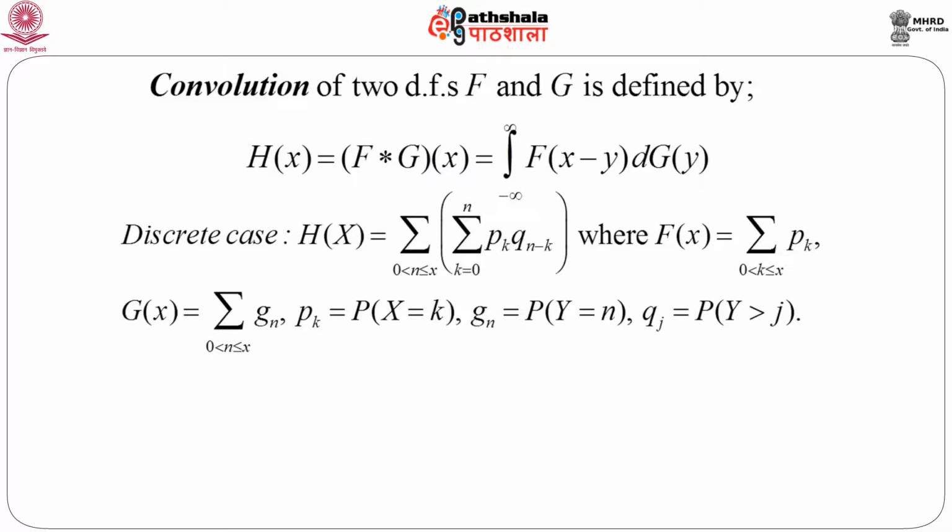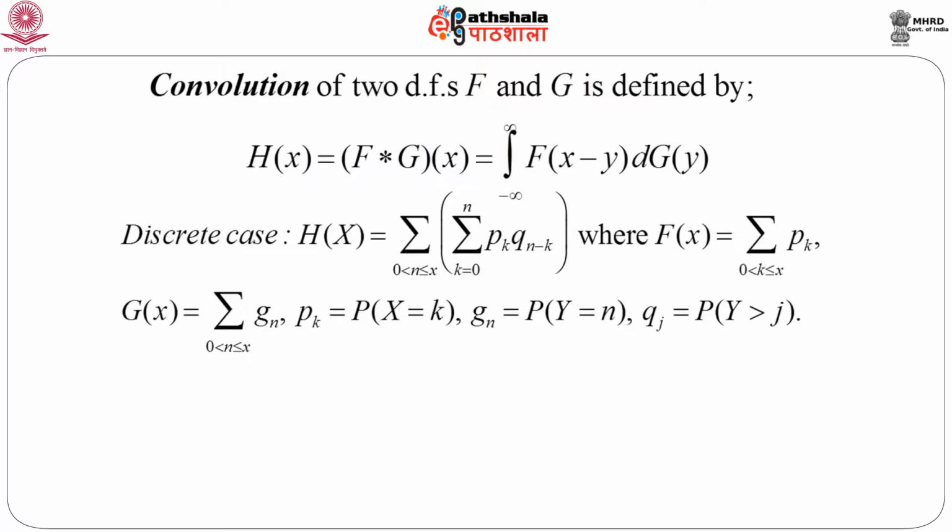Now, this will reduce, in the case of discrete random variables, that is when we are dealing with two random variables having distribution functions F and G that are discrete in nature, to just a summation.